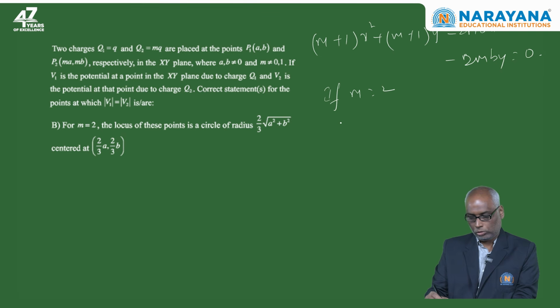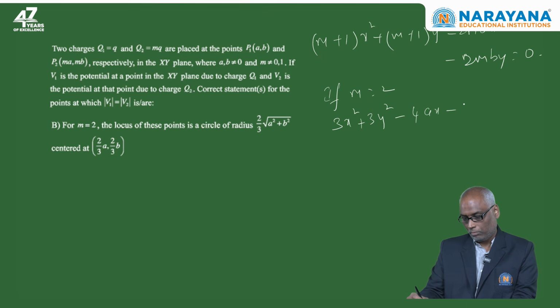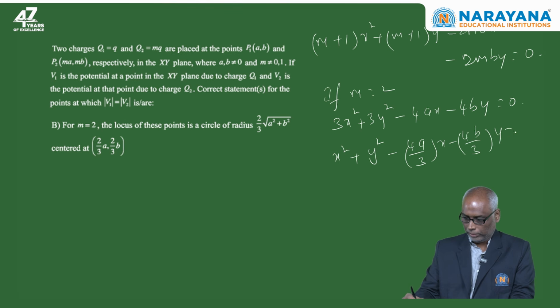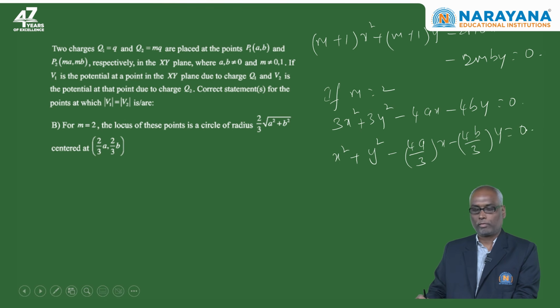When m is equal to 2, the equation becomes 3x square plus 3y square minus 4ax minus 4by equal to 0. Converting this into the standard form of the circle equation, x square plus y square minus 4a divided by 3 into x minus 4b divided by 3 into y equal to 0.